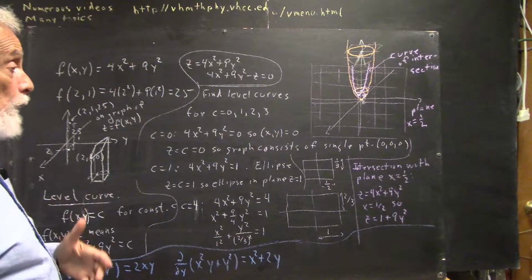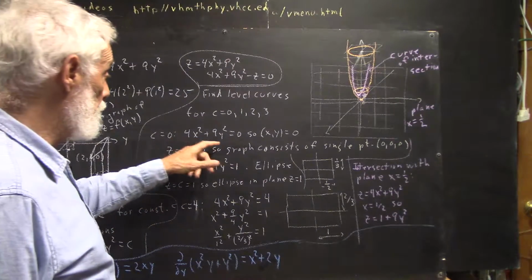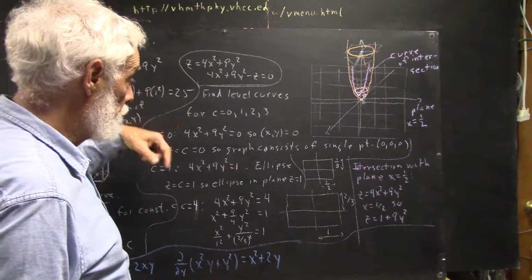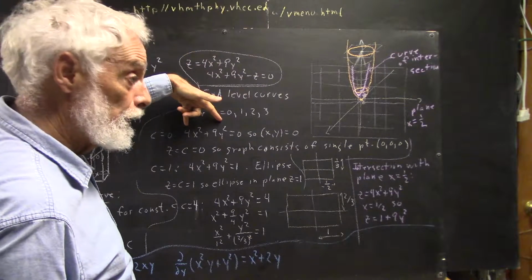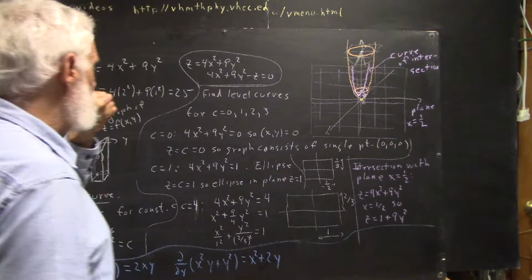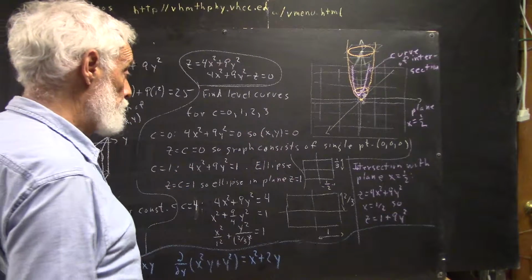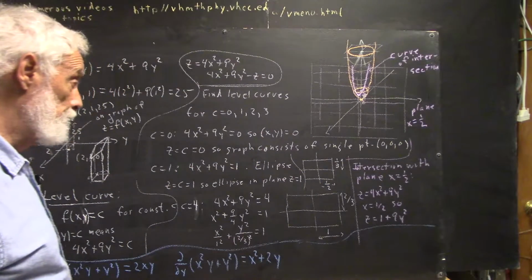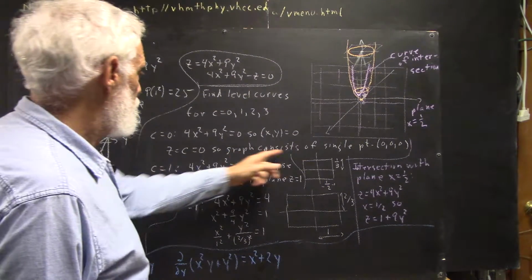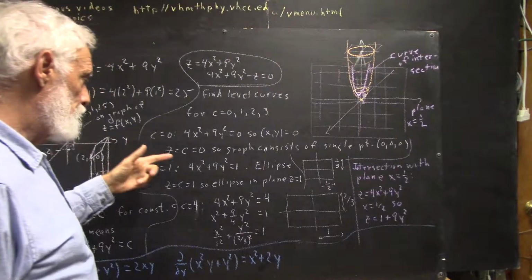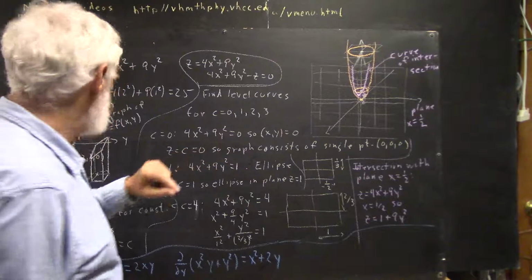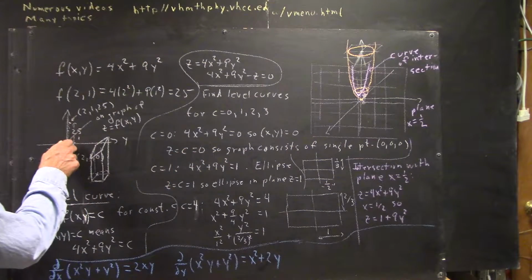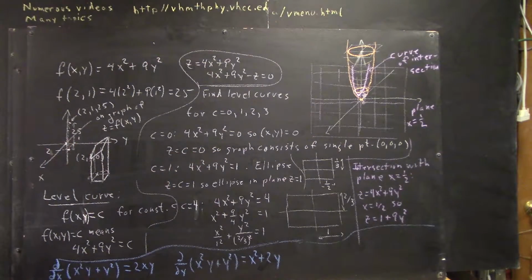If either x or y is non-zero, then we're going to get a positive number for one of these, and neither of these numbers can be negative, so the only possible solution is x equals y equals 0. So in the z equals 0 plane, which is the xy plane, the only point on this graph is at the origin. Okay?